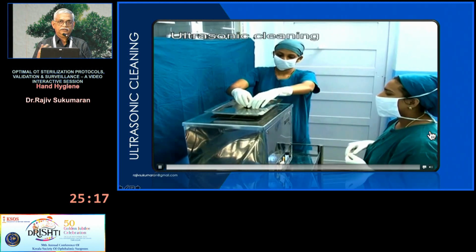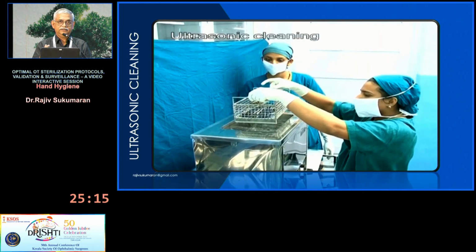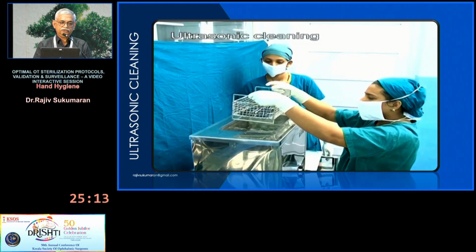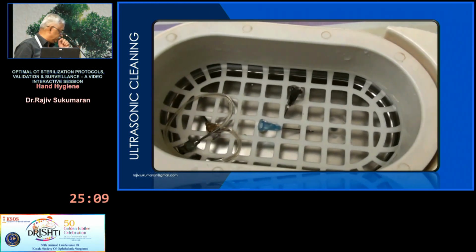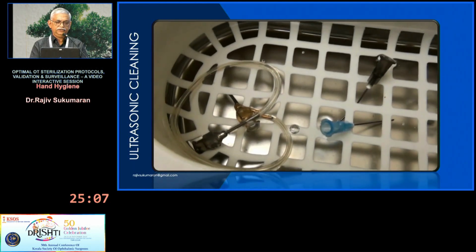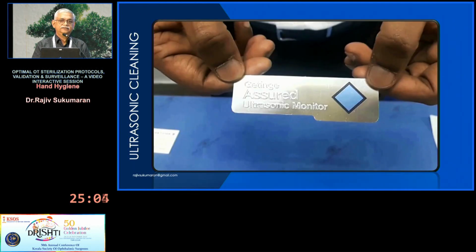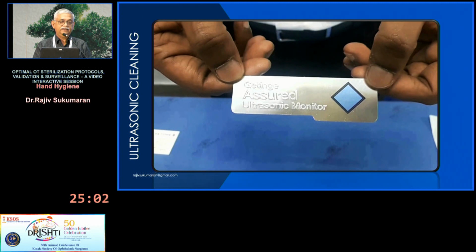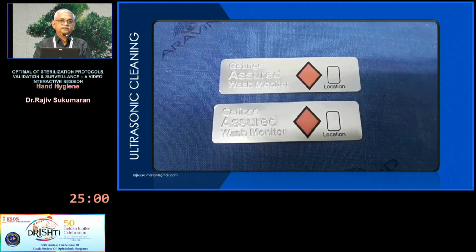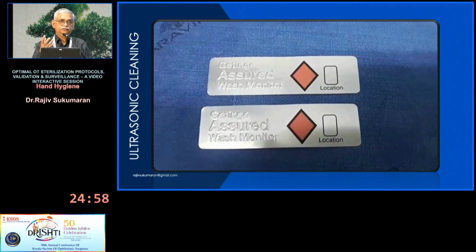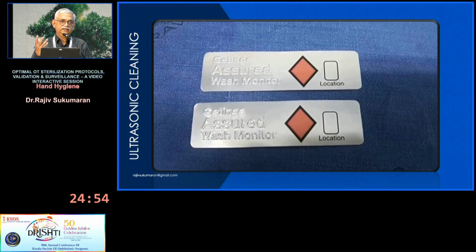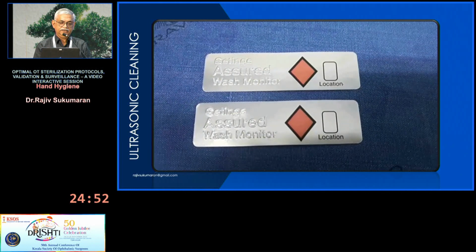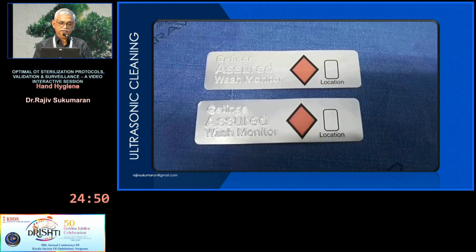An ultrasonic cleaner with a heater is also available, and this is the smaller version of it, where you can use small cannulas and things. And this is the indicator for it. It turns from blue to red once you dip it in the ultrasonic cleaner, indicating that an adequate amount of ultrasonic energy is dispersed in the cleaner.